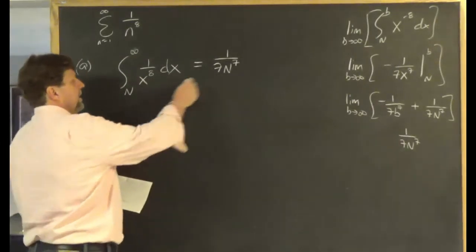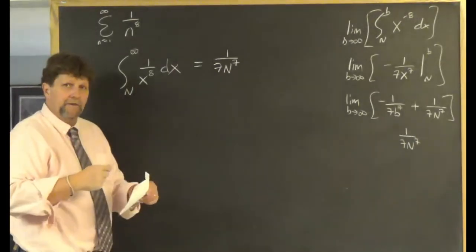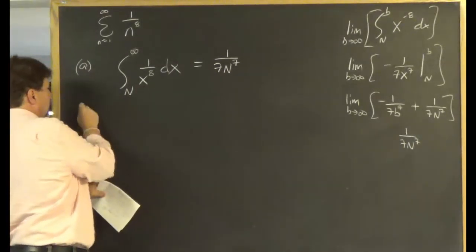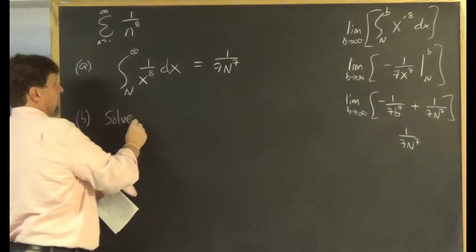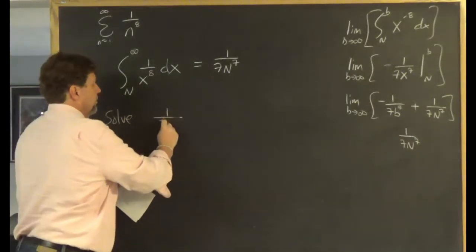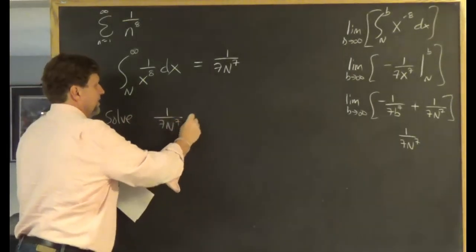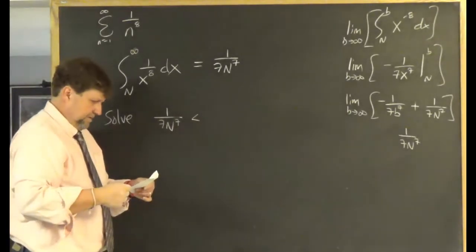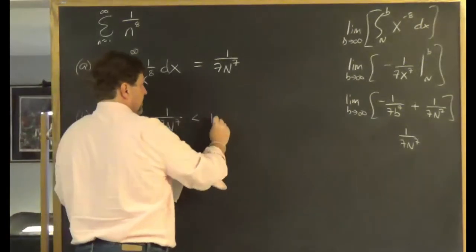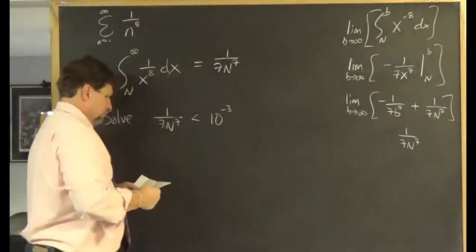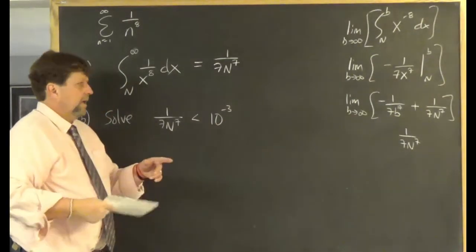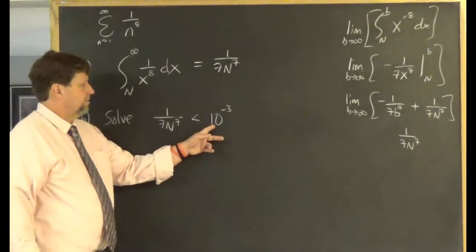Well, folks, that's the bound on our remainder. So in part B, you're basically being asked to solve 1 over 7n to the 7th is less than 10 to the negative third. You can rewrite this as 1 over 1,000.